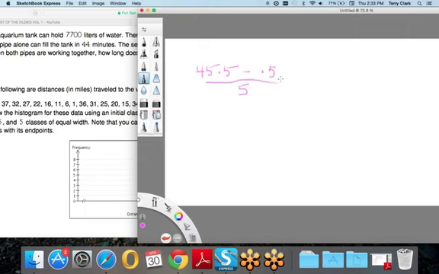We got 5 classes, and it's going to tell us what the class width is. So that's 45 divided by 5. We're going to have 5 classes, and they're going to have class widths of 9.